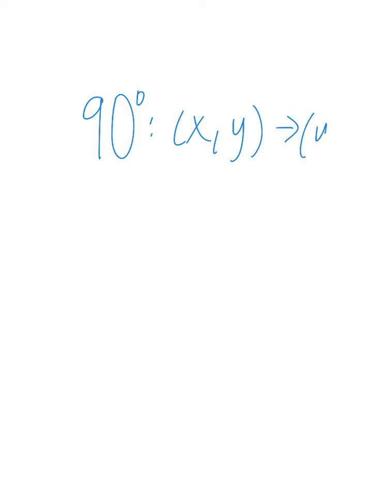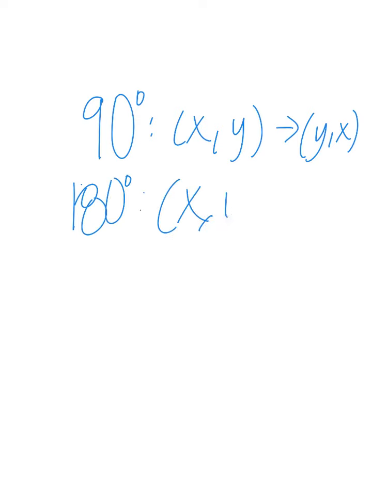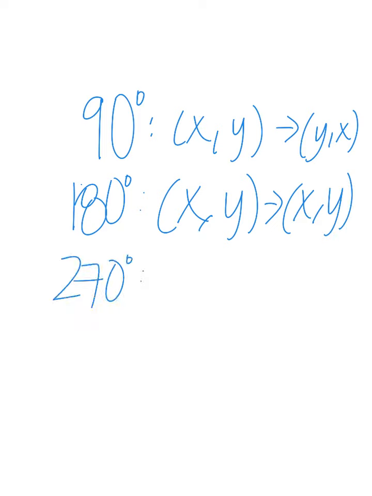So just to summarize rotations, so 90 degrees, x, y switches to y, x. For 180, x, y stays the same. We don't flip the numbers. 270 is like 90 degrees. x, y switches to y, x.